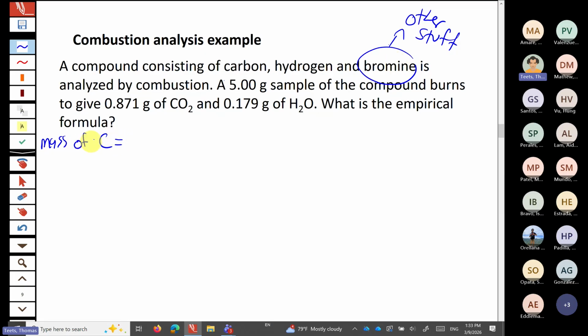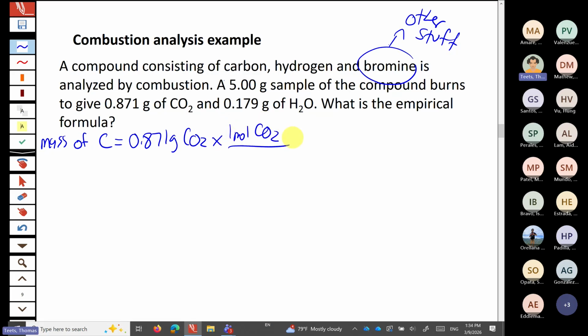All right, so for the mass of carbon, we're going to start with the mass of CO2 that's produced, because all the carbon that was in our formula is going to get released as a product in the form of CO2. So when in doubt, the first thing we do is convert to moles. So we're going to convert the grams of CO2 to moles of CO2.